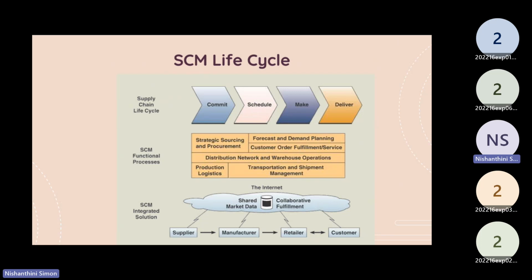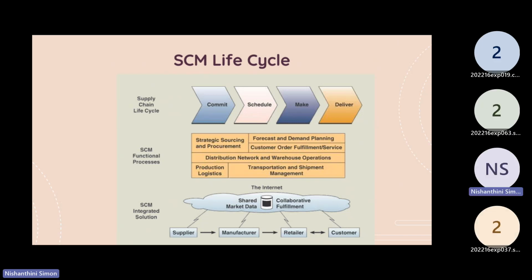So we can do the forecast and demand in order to commit, first of all, whether we have the capacity to do so. With that, for the order fulfillment of the customers, we provide the needful services to commit and schedule them in a proper way. And then the distribution network and the warehouse operations also. Even in this SCM, there is a part of the inventory management system.